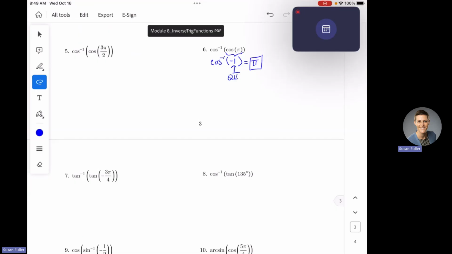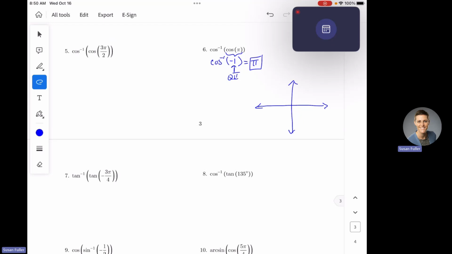So we talked about inverse trig functions on Tuesday. That was yesterday. And we figured out that inverse trig functions have reduced domains. In order to have an inverse function, our regular functions needed to have a restricted domain.